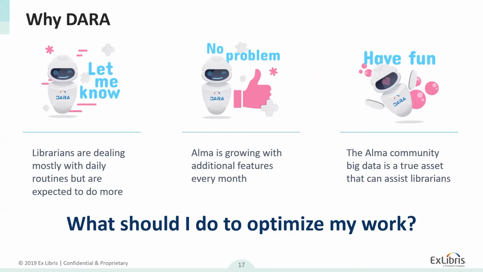And based on that survey, we mentioned some wider themes that librarians are dealing with a lot of routines, but we want our librarians to be able to do more, to focus on different activities to help expand the role of librarians into other aspects of the institution and to help them be able to add additional value to their institution. Our software, in this case Alma, but software in general, is growing. Additional features are being added all the time.